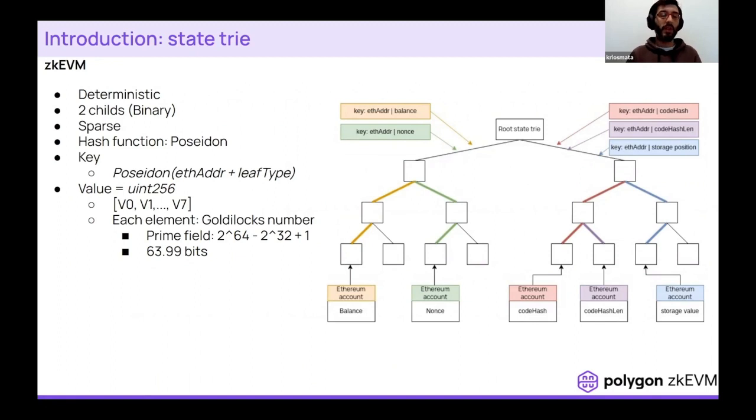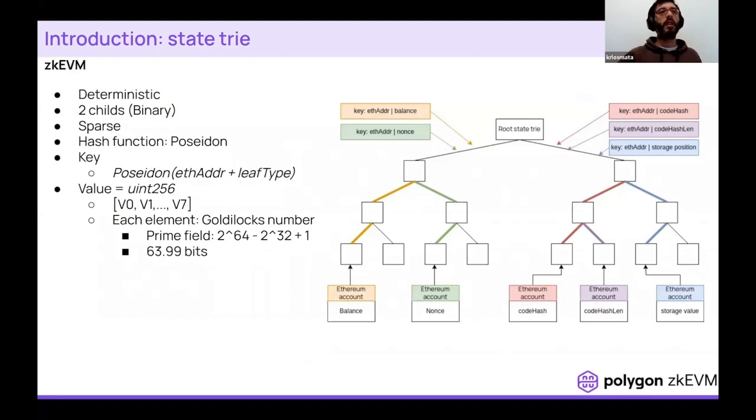We use Poseidon because it fits better with the zero-knowledge proofs. Regarding the value, and this is very important, notice that we do not add all the parameters in one leaf of the Merkle tree. We separate the parameters into different leaves because it's more convenient for us in order to perform faster computations.